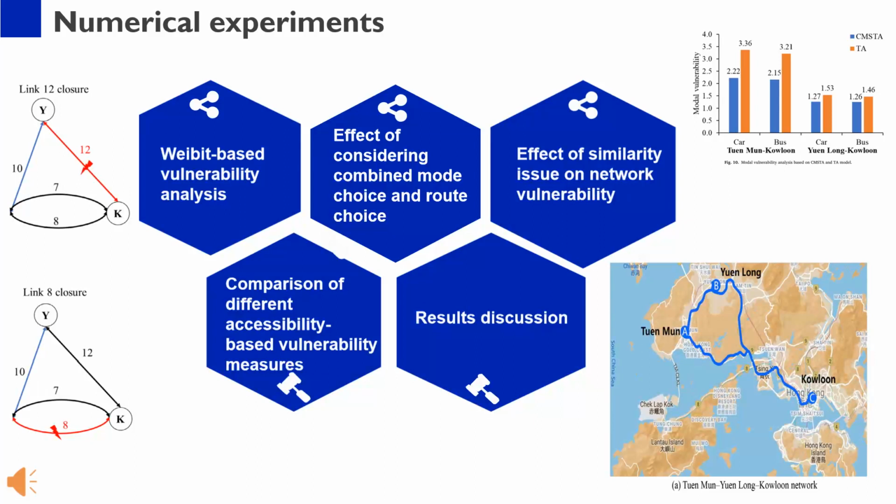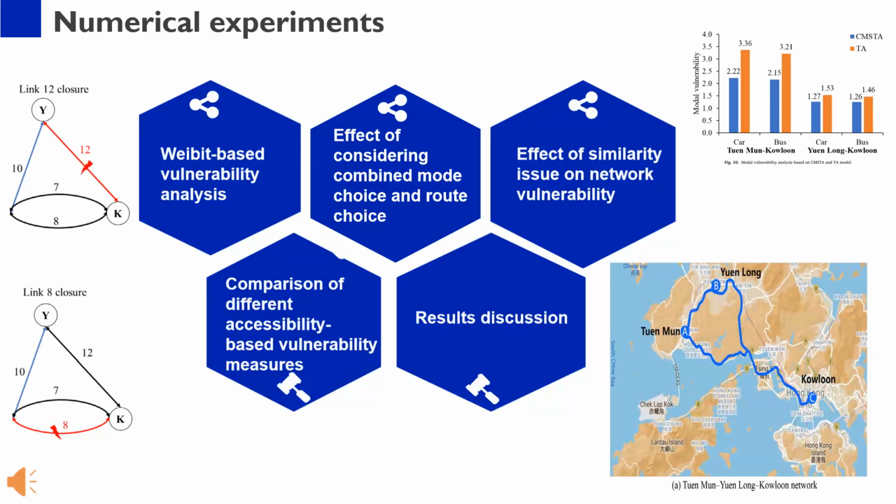Fifthly, based on the numerical experiments in different disruption scenarios using different vulnerability measures and analysis methods, several findings can be concluded. Firstly, comparing to the other types of accessibility-based vulnerability measures, the utility-based measures derived based on the random utility theory is advantageous in interpreting travel choice behavior in vulnerability analysis.